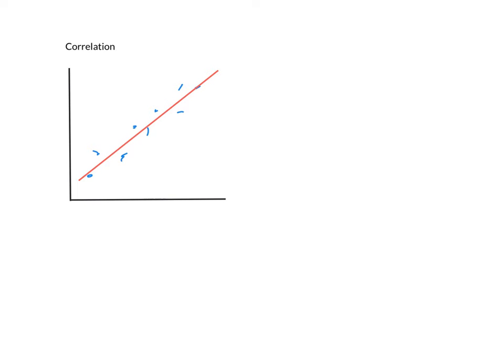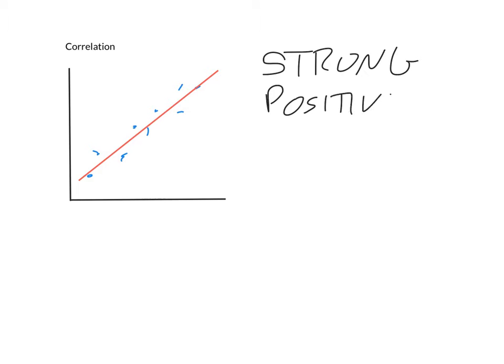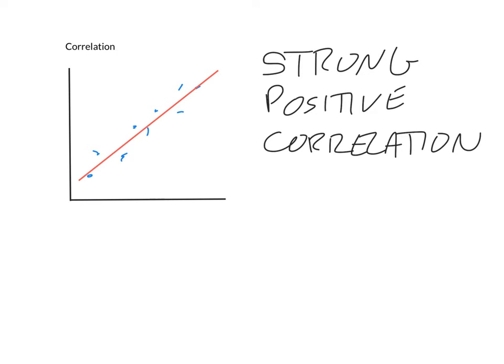And we can see there that our points are very tightly packed around our line of best fit, and that they move from low to high. So the characteristics of this would give us a strong positive correlation.